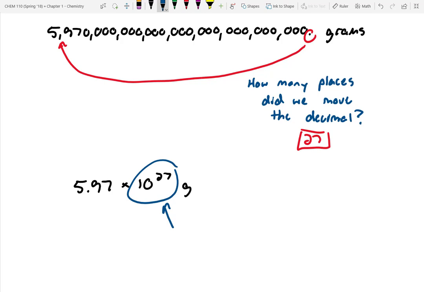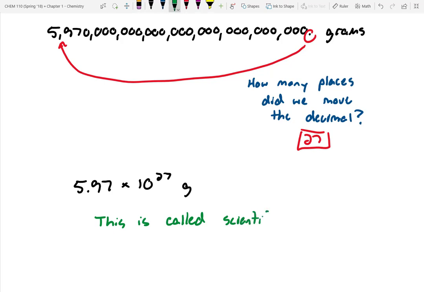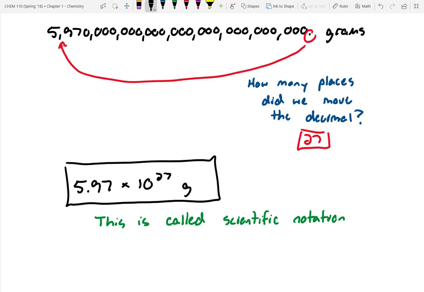And this is called scientific notation. So it is a little bit weird to think of constantly moving these decimal points over, but obviously this is a lot more manageable to write out than all of the zeros.